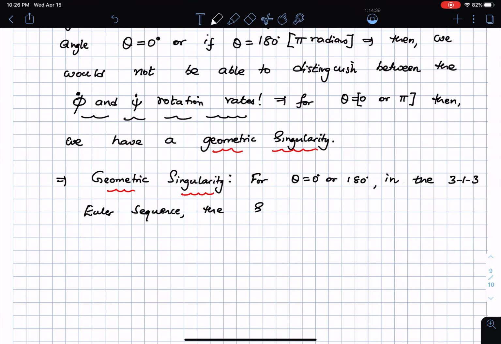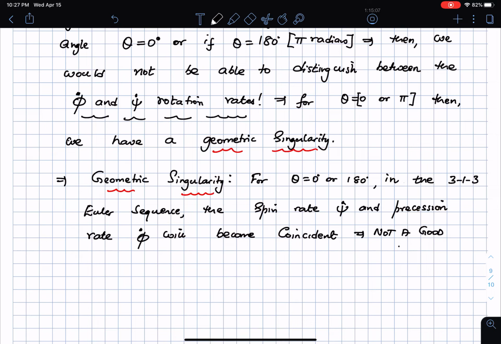the spin rate psi dot and the precession rate phi dot will become coincident, which is not a good thing. Which means that we are losing information. We will not be able to distinguish between the precession and the spin of the coin. This is absolutely not a good thing.